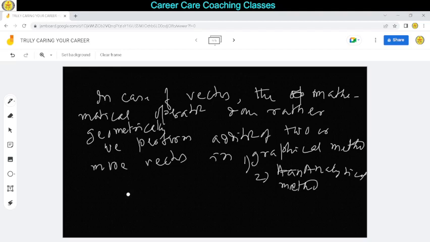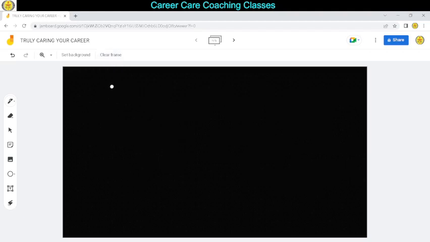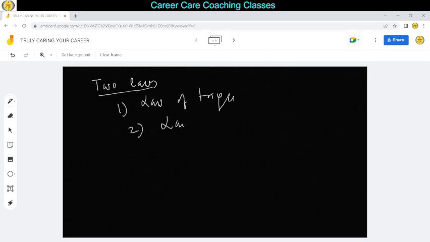First is the law of triangle, then the law of parallelogram.